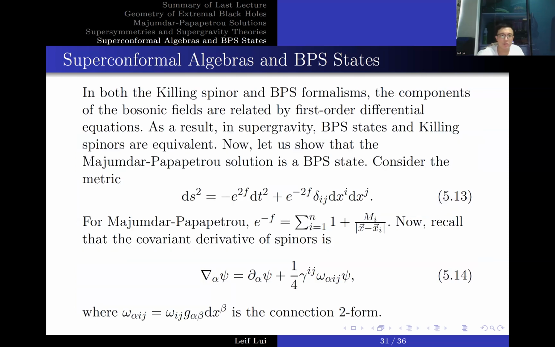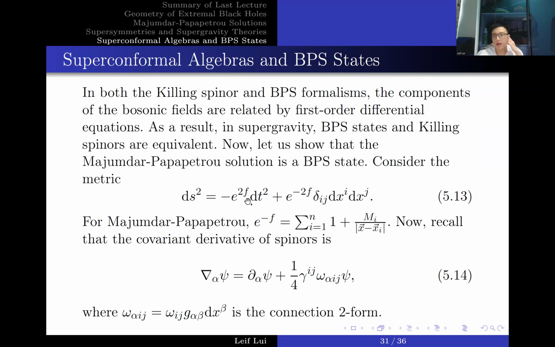So what is the connection between the two? Well, in both the Killing spinor and BPS formalisms, the components of the bosonic fields are related by a first-order differential equation. As a result, in supergravity theories, BPS states and Killing spinors are equivalent. Now, let us show that the Majumdar-Papapetrou solution is a BPS state.